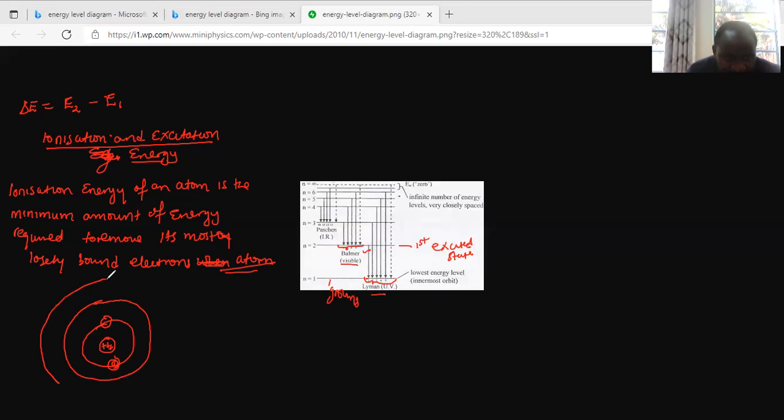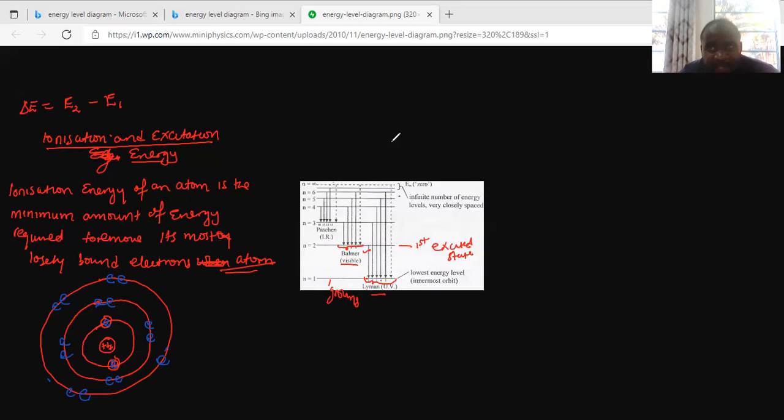Then you have the second, which is the second excited state. But these electrons which are closest to the nucleus are the ones which have the least energy.